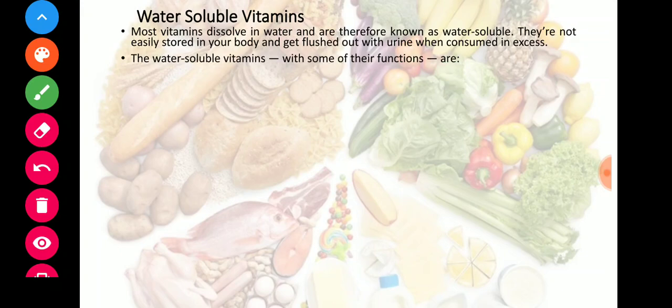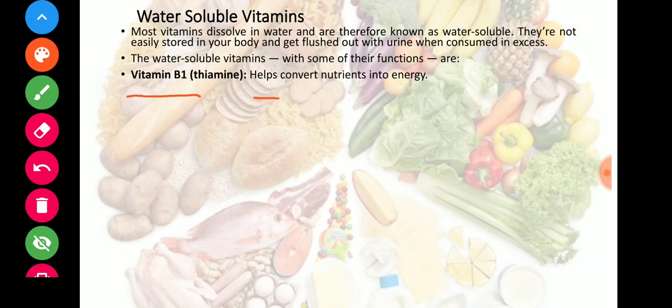Here we can learn the functions of water soluble vitamins. Vitamin B helps convert nutrients into energy. Here we will learn about vitamin B and what kinds of vitamin B are available in the body. That is B1, thiamine.